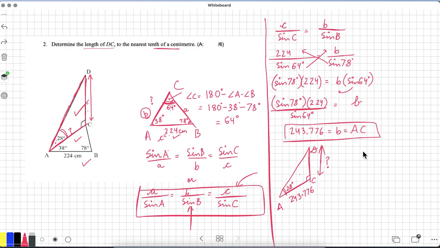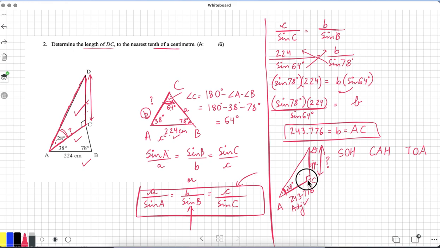Because it's a right triangle, we can use SOHCAHTOA. When using SOHCAHTOA to find the side, you need to focus on one given side and one missing side. According to the 28 degree angle, this side is the opposite, and this side is the adjacent, right beside it.